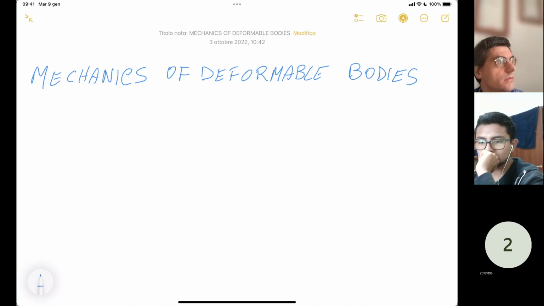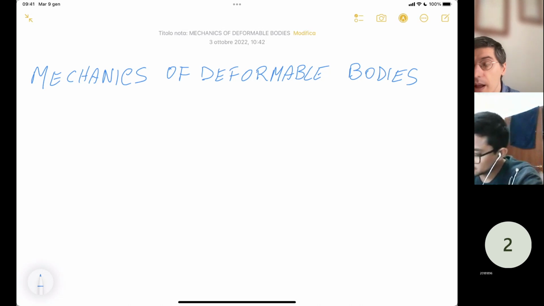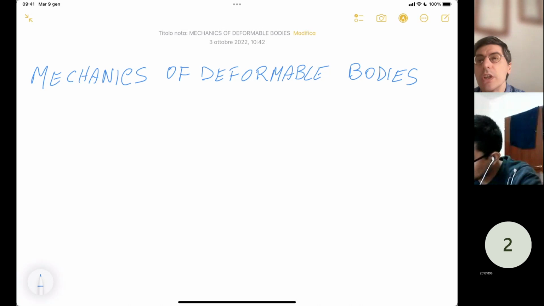This is a particular situation because we have an undeformed reference configuration, we apply force, and we see what happens to our body after applying these forces. Of course, in general, we can also have a very complicated motion.